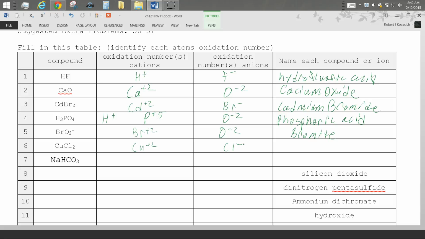And so what do we want to go with for a name for this guy? Are we okay with copper 2 chloride? I have to put the 2 down there because copper can have a +1 charge. So you need to tell me which one it is, or I need to be told which one it is.